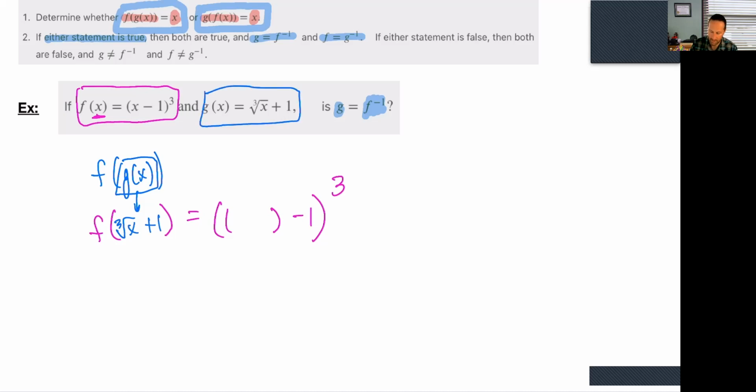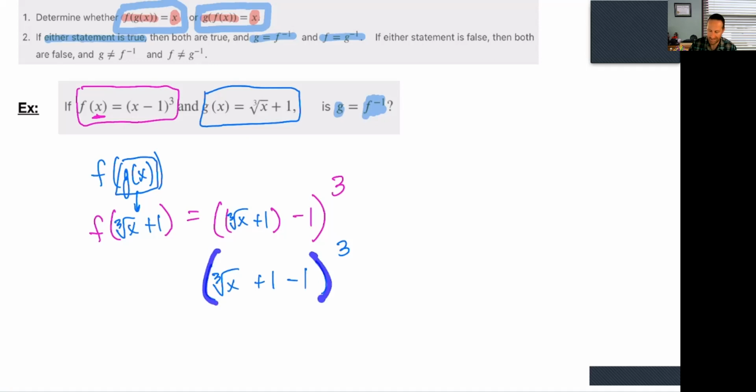So then I will replace everywhere there was an x with that cube root of x plus 1. Now I'll do my order of operations, which says parentheses, nothing doing there, so I can really just get rid of them. And that means then I will have the cube root of x plus 1, minus 1, all cubed.